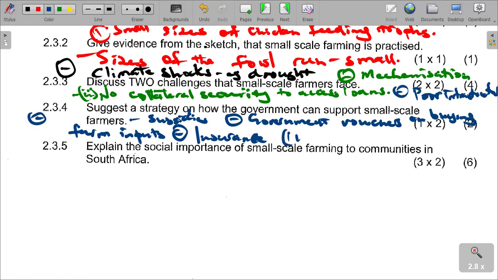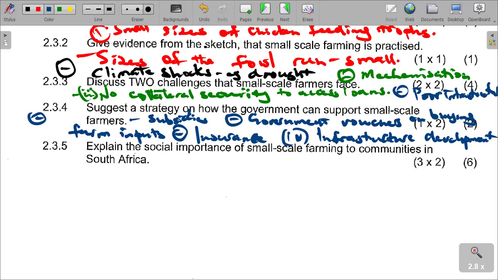We talk about infrastructure development, that is roads. You can talk about storage facilities, and even the provision of markets for their products, which is another problem that small scale farmers have.